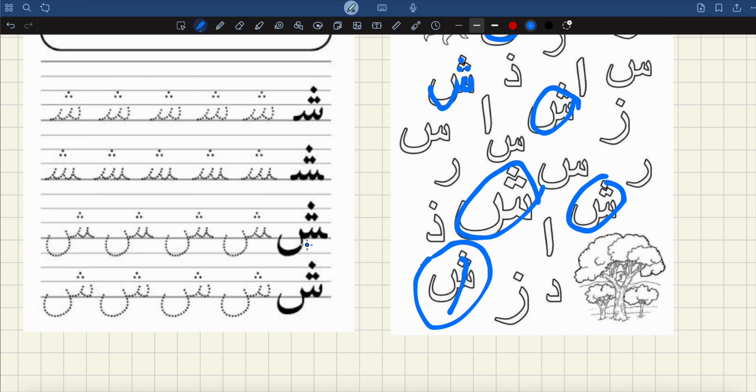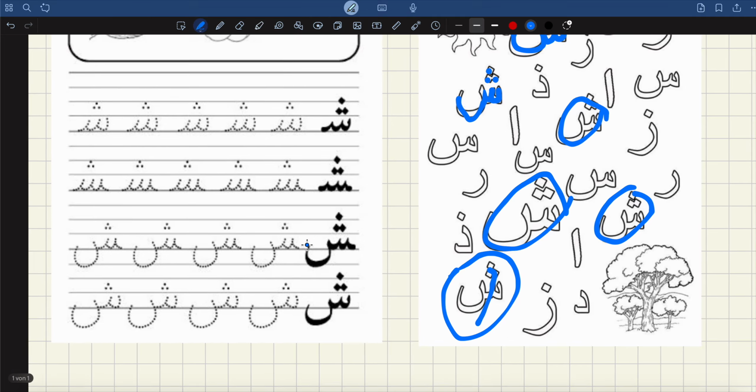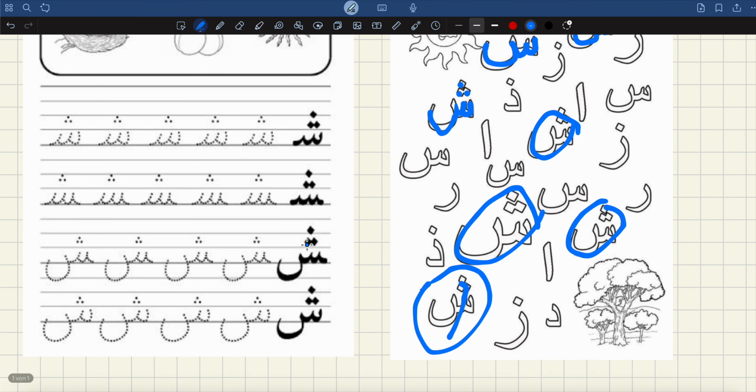Now, finally, we are moving to writing. Please have a pen and paper and try to write with me the letter Shin in the beginning, in the middle, and in the end of a word.